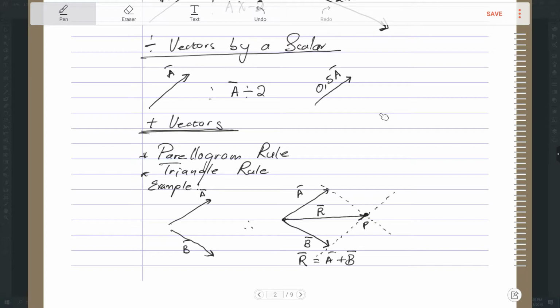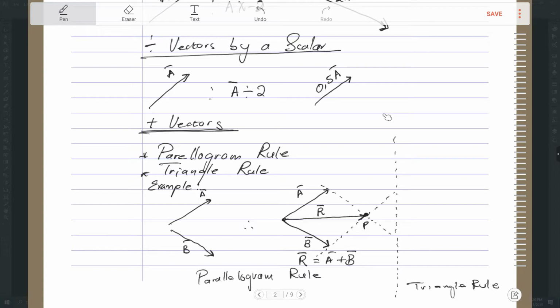Now, this was the parallelogram rule. Now we're going to talk about the triangle rule.